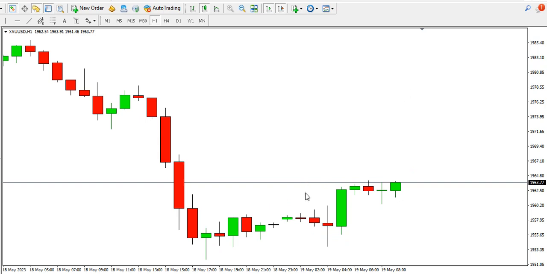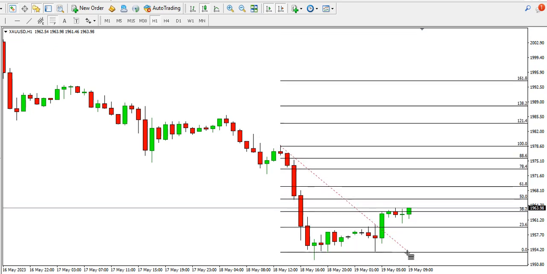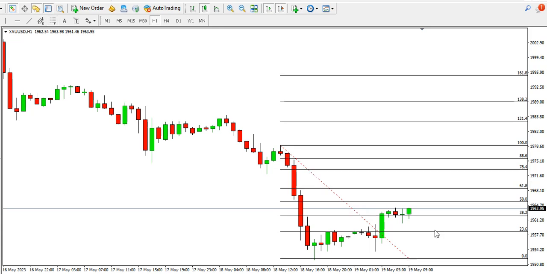For how far price will go, let's use our Fibonacci retracement. Looking at the retracement from this high to this low, price has already gone past the 38.2% Fibonacci level.